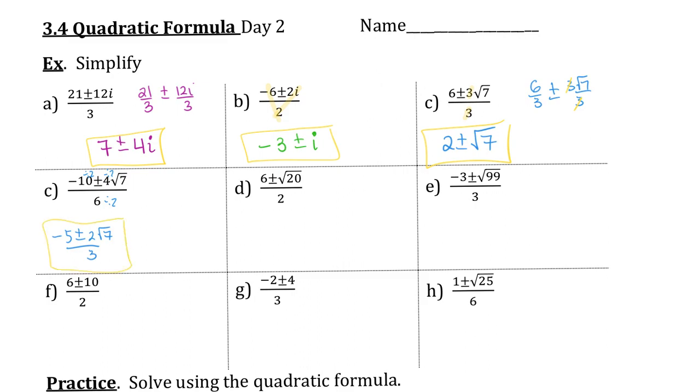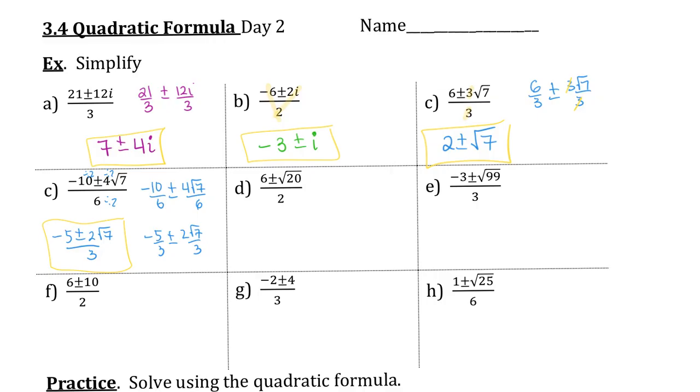Again, if it's too hard to do in your head, split it up and go like this. Then I could rewrite this as negative 5 over 3 plus or minus 2 root 7 over 3, which is just as good an answer as this. It's just written as two fractions.